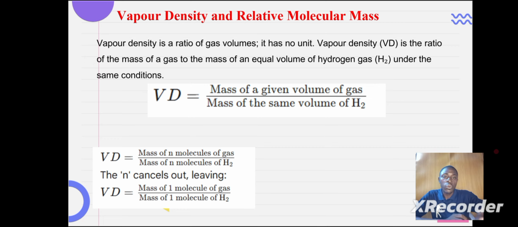If n cancels out, the mass of one molecule of gas over the mass of one molecule of hydrogen also gives the vapor density. The mass of one molecule of a gas is the relative molecular mass, and the mass of one molecule of hydrogen is 2. So vapor density is the relative molecular mass of any gas divided by 2. Another way of saying it is that relative molecular mass is equal to 2 times vapor density. Very, very important.